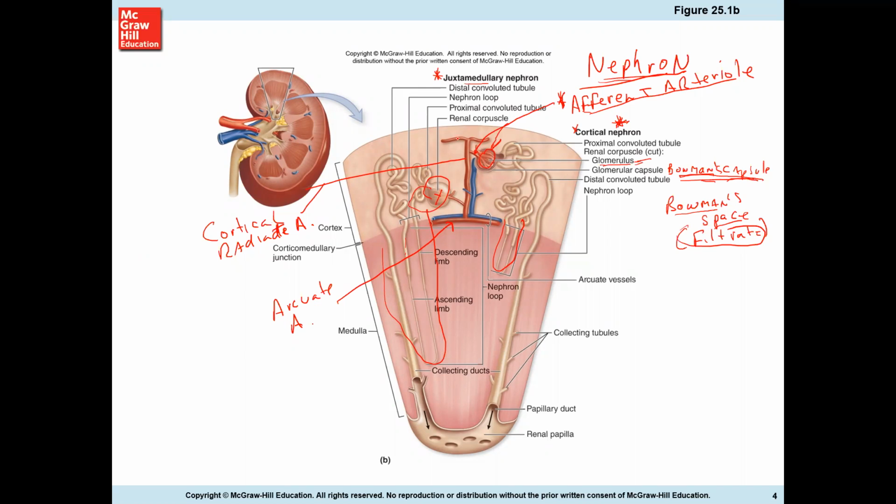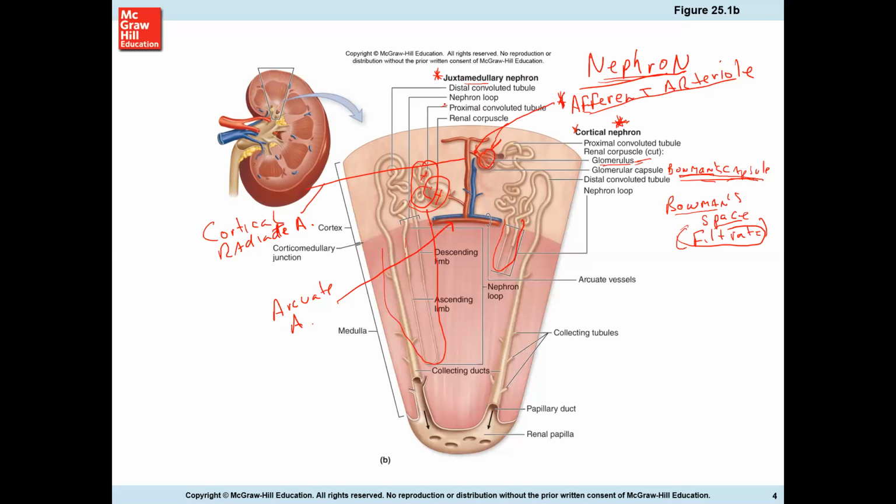And then, right now, filtrate will continue into the PCT, which is all of this right here. These are the tubules, proximal convoluted tubules. And this has a lumen and has simple cuboidal cells.